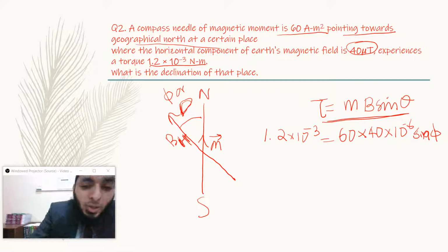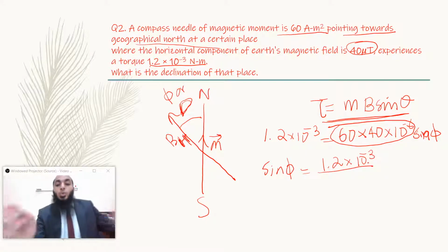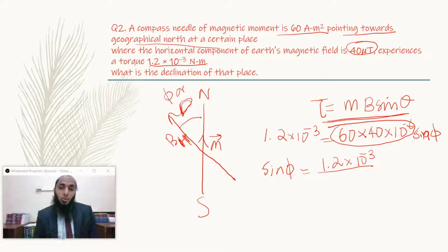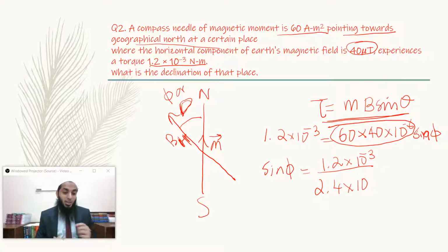So what we'll do is we'll write sine phi is equal to, you can bring this entire thing to the other side. So it will become 1.2 into 10 raised to minus 3 divided by 2400 into 10 raised to minus 6. Now 2400 can be written as 2.4 into 10 raised to 3, and then you have 10 raised to minus 6 also there.